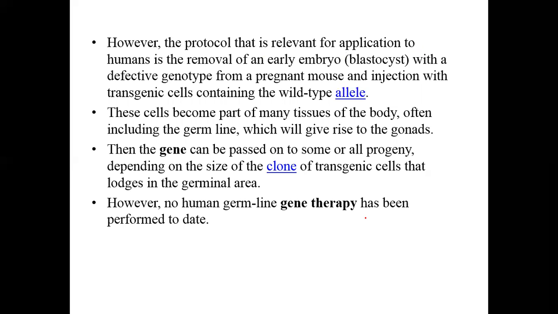These cells become part of many tissues of the body, often including the germline, which will give rise to the gonads. Then genes can be passed on to some or all progeny depending on the size of the clone of transgenic cells that lodges in the germinal area. However, no human germline gene therapy has been performed to date.